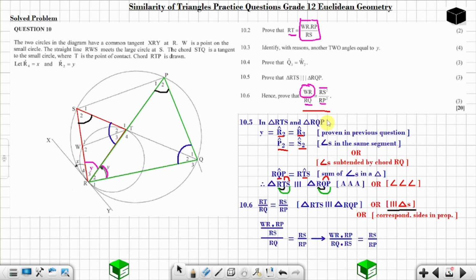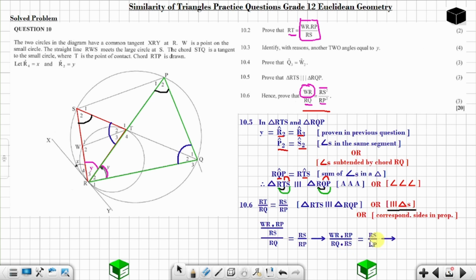Can you see? You need RS squared over RP squared. So you can multiply on both sides by RS over RP. On this side, you are going to cancel.